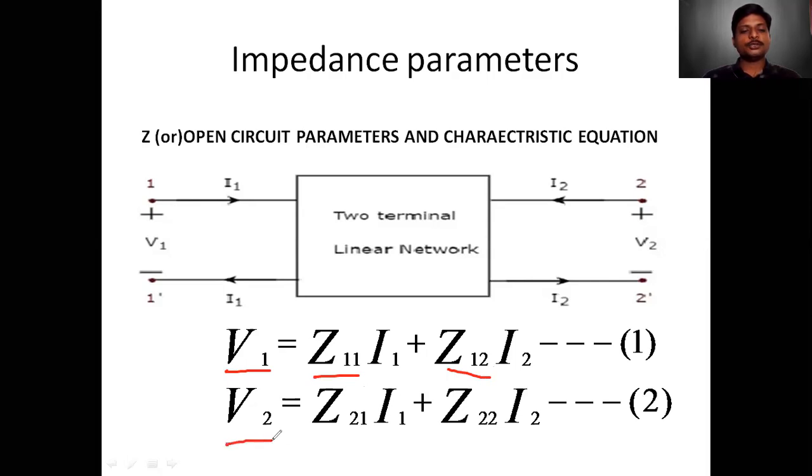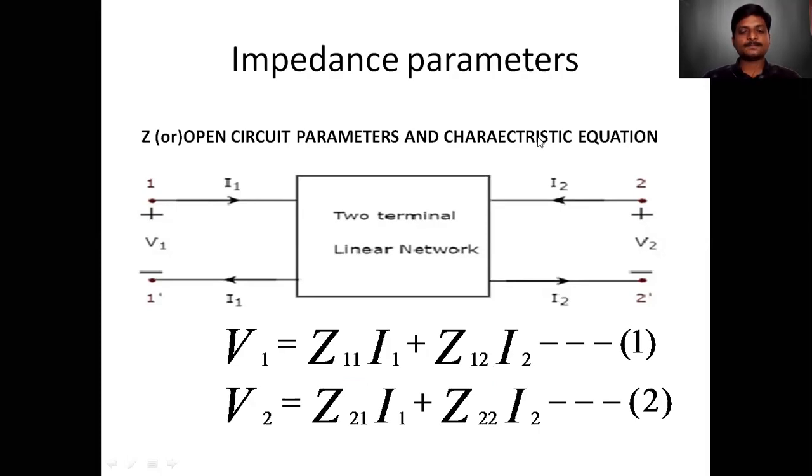Similarly, V2 is taken as Z21 and Z22 with the help of currents I1 and I2. So these equations are called as characteristic equations of Z parameters, or characteristic equations of impedance parameters, or you can say characteristic equations of open circuit parameters.